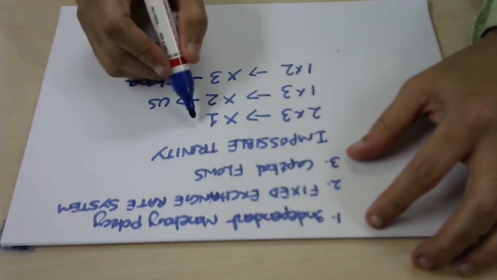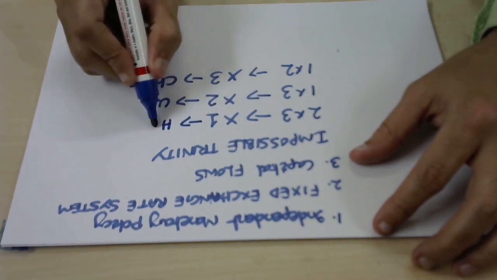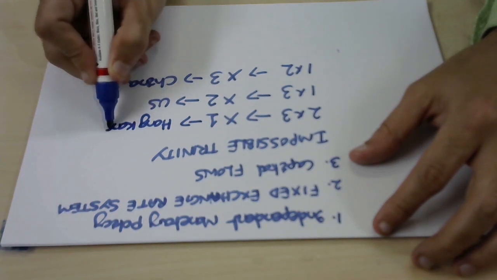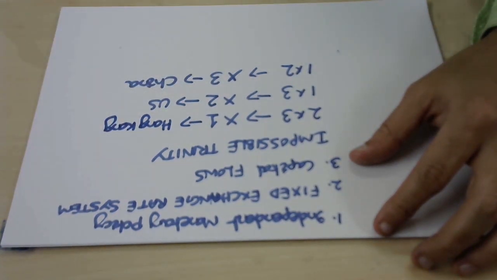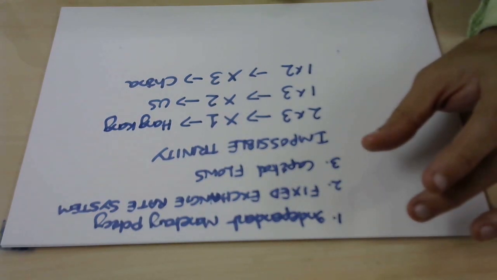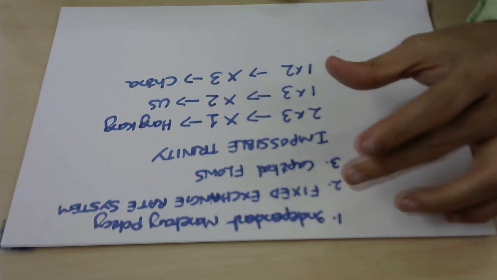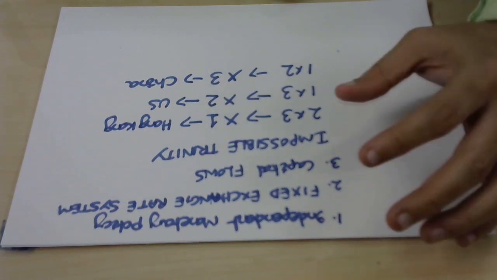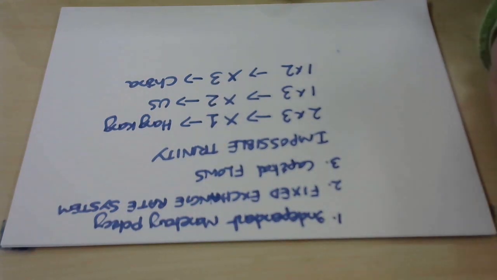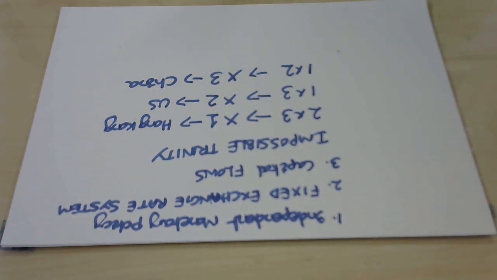A country like Hong Kong is pegging its currency to the dollar. That means they are following a fixed exchange rate system. They allow capital flows, but then the monetary policy just becomes an adjustment variable. They do not have control over the money supply in the economy. We will discuss more about it in the classroom.